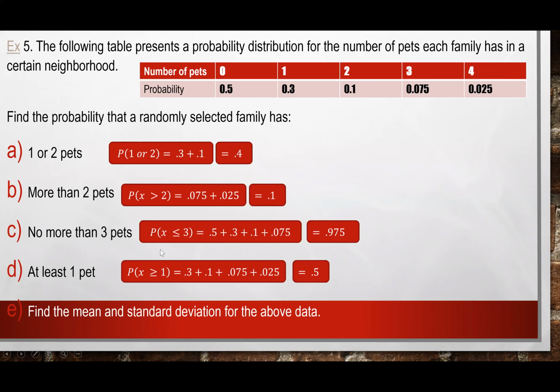Or you don't have to do it because they give it here. If you remember, at least 1 is the same as 1 minus none, which is 1 minus 0.5, the other 0.5.